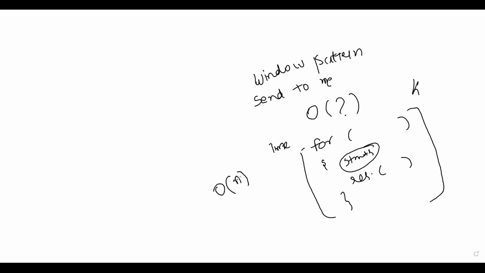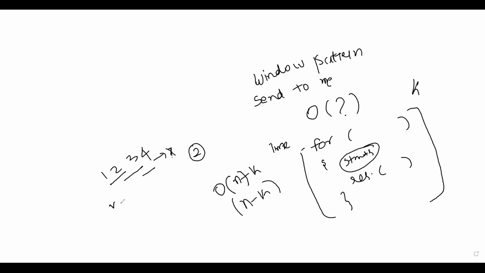O of n. It may not be O of k because you will be running this algorithm throughout for n minus k elements, right? Because for the last elements you will not compute. For example, you have 1, 2, 3, 4, and k equals 2, so for 1, 2 one time, 2, 3, 3, 4, and you will not do it for the 4th element because you don't have a window there.